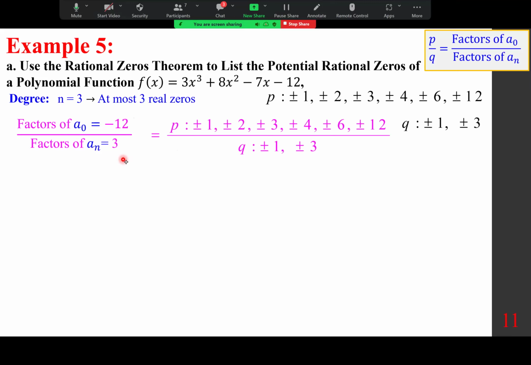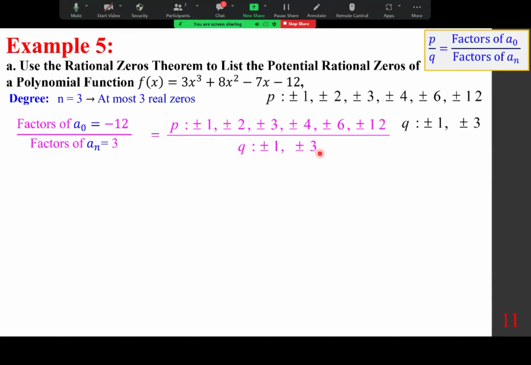So what this rational zero theorem tells us is that these are possible solutions. For example, if you divide by plus minus 1, you get plus minus 1, plus minus 2, plus minus 3, plus minus 4, plus minus 6, plus minus 12. Now let's divide them by plus minus 3.